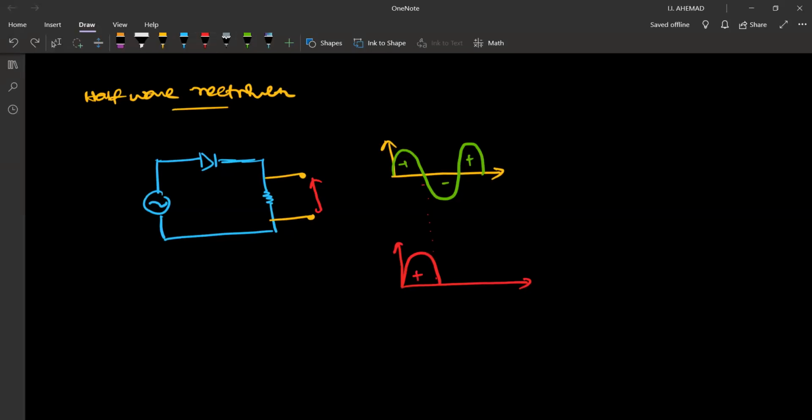So the diode becomes reverse biased. If it is reverse biased, there is no current flow. I is equal to 0. Then there is no potential difference. Then this negative half of the cycle is not available in the output. Again, for the positive half, you get the output.